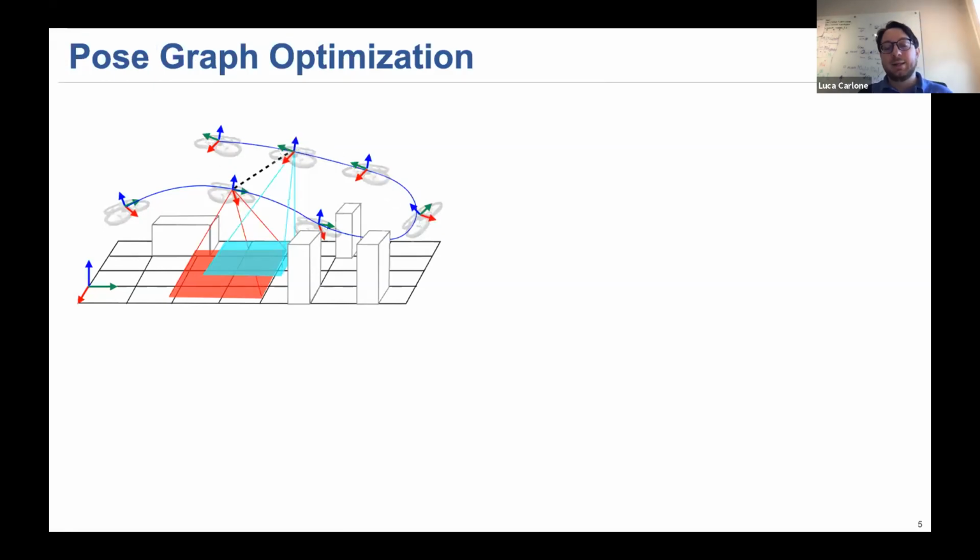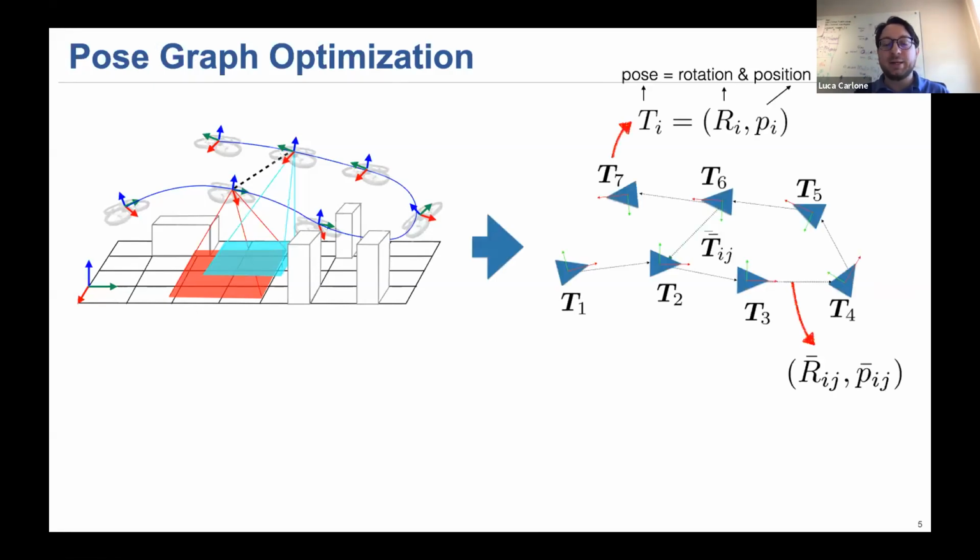The basic idea behind modern SLAM systems is to abstract away the sensor measurements, and model the original problem of the robot moving in the unknown environment as a graph. Here you want to estimate the trajectory of the robot. The basic idea is to model the trajectory as nodes in a graph. So T1 is the pose at time 1, T2 is the pose at time 2, and that's exactly what you want to reconstruct, the poses of the robot over time.